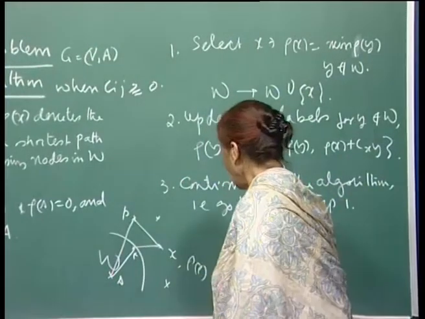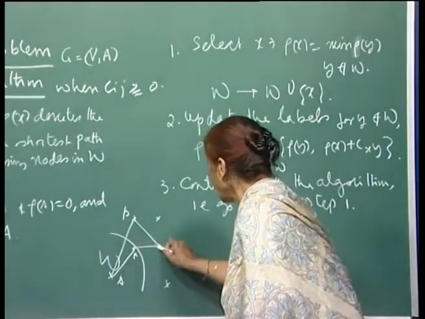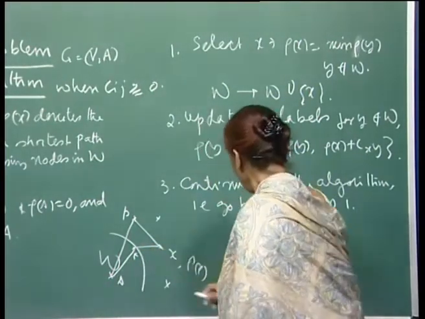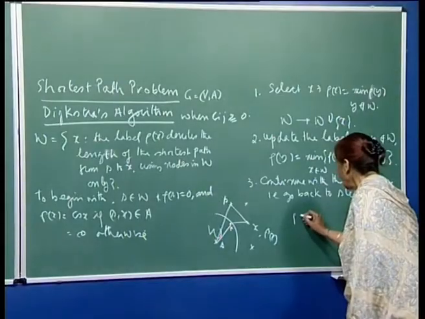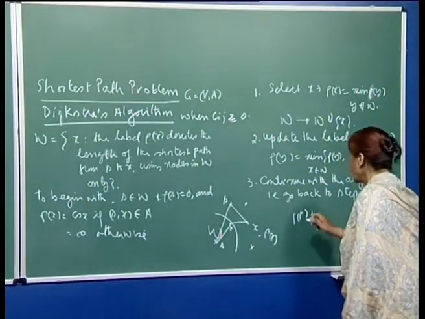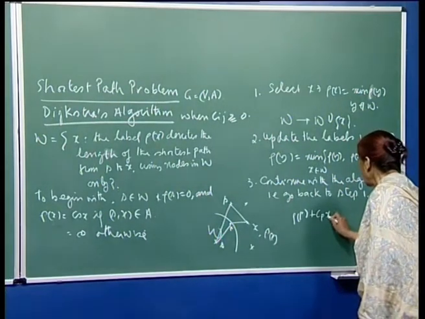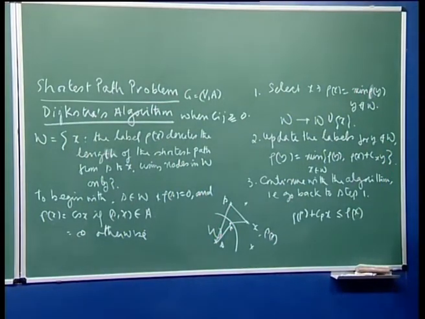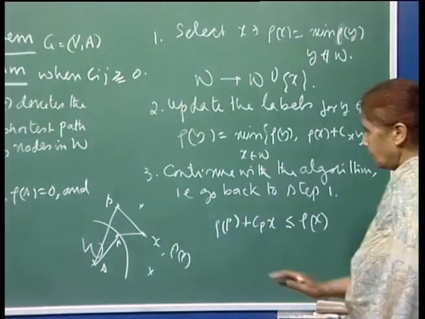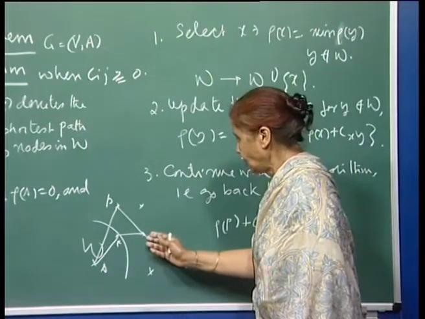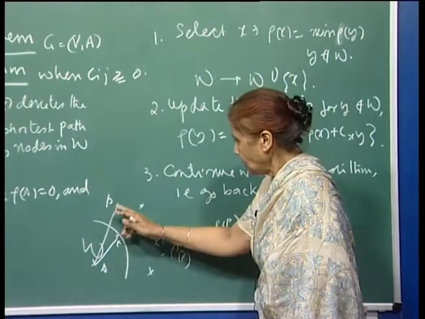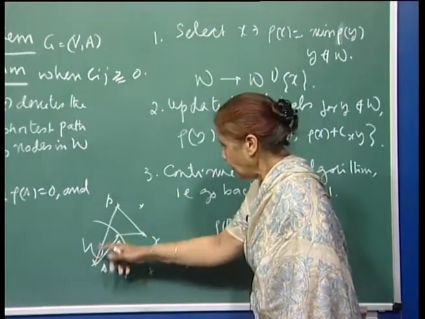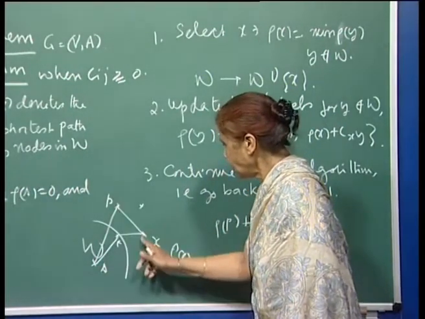Rho X represents this length, and therefore rho P plus CPX is less than or equal to rho X, because rho X is the label for X right now, and rho P is the label for P, and the shortest path to X is via P. So, this is rho P plus CPX.